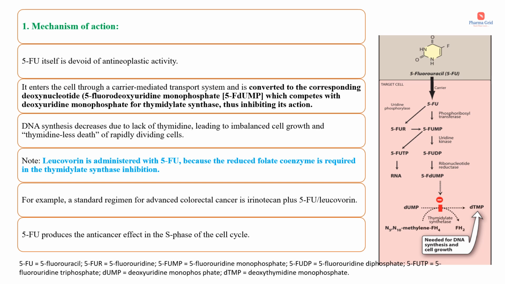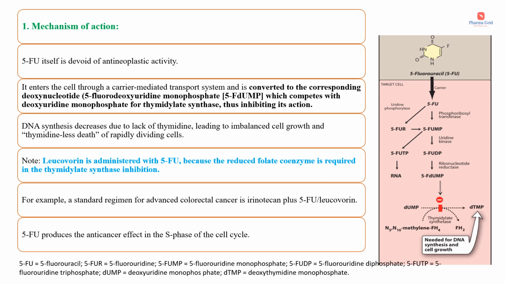5-fluorouracil enters the cell through a carrier-mediated transport system, and is converted to its corresponding deoxynucleotide, which is FdUMP, that is 5-fluorodeoxyuridine monophosphate. And this FdUMP will compete with the deoxyuridine monophosphate for thymidylate synthase, thus inhibiting its action.